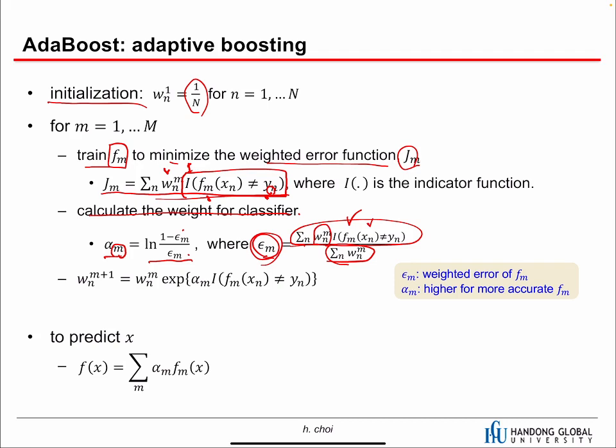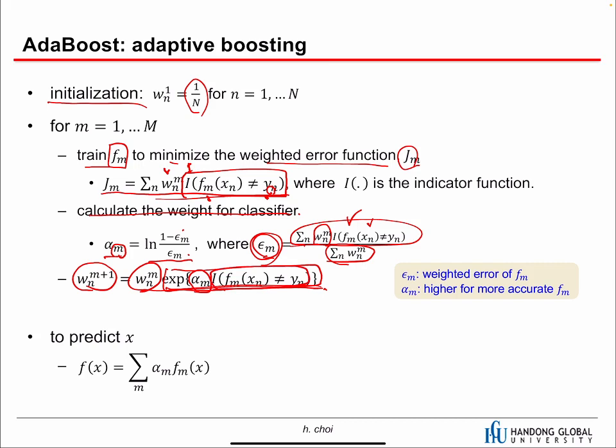And then for the next iterations, we update the weights based on this. We multiply this one to the previous weight. So we keep updating these weights along the sequence of the models, and then we multiply this one. This one is about the classifier, and this one is about the sample with that classifier.